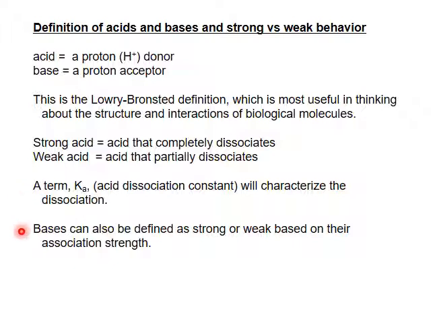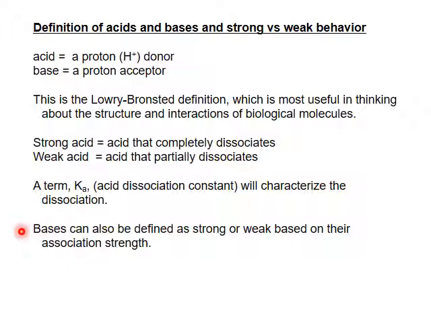Since acids and bases are related based on whether the proton is being donated or accepted, we can come up with corresponding terms for bases as well, whether it's a strong base or a weak base, or the association of a base with a proton, but we're not going to do that here.